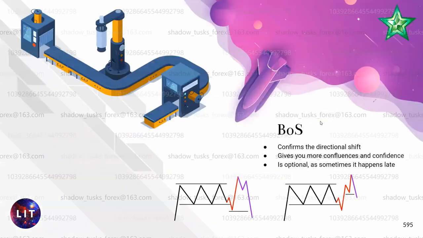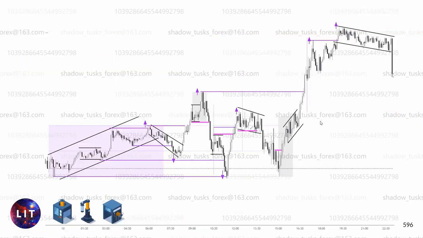Next one is, of course, the optional one, which is break of structure. So where are our breaks of structure? Let's have a look. Our first one would obviously be here after we induce high in London Open, but realistically, are we going to take this mitigation here? I'll let you guys think about that one.